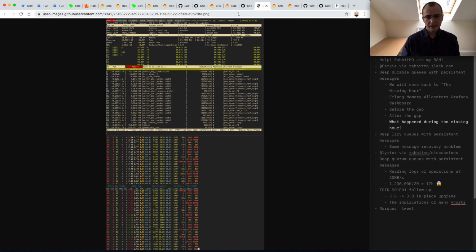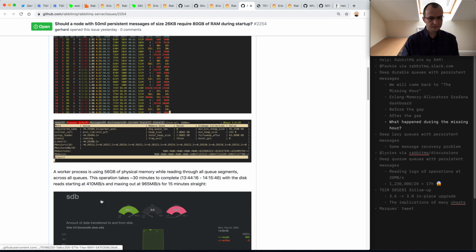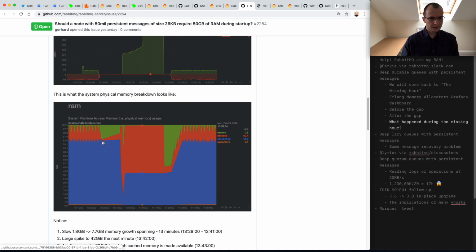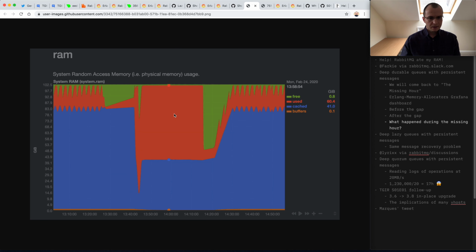And I say that, but going through this, let me just jump. So we can see that right here, let's take a look at this. This is a view of the system memory. And we can see the spikes and the drops, this is from an OS perspective. We can see that most memory is cached. That's the blue one.